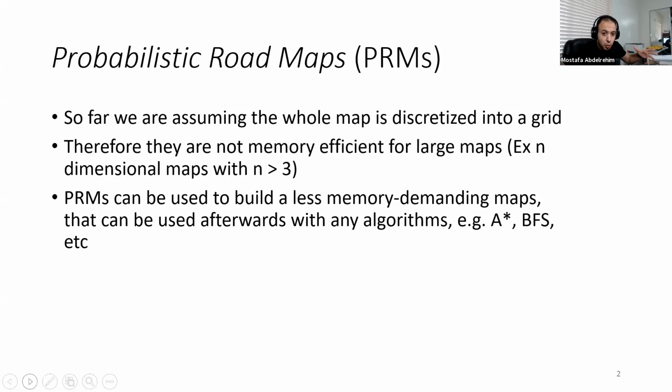How the robot moves itself is a dimension that you can add to the system. For example, if a robot has an arm, the flexibility or degrees of freedom of this arm adds to the complexity of the map itself. So basically, we use probabilistic roadmaps to build maps from scratch, and usually these maps are less memory dependent, or cheaper to implement, than the grids we considered so far.